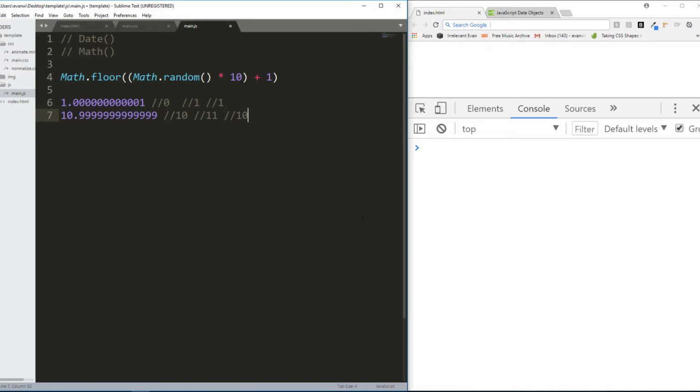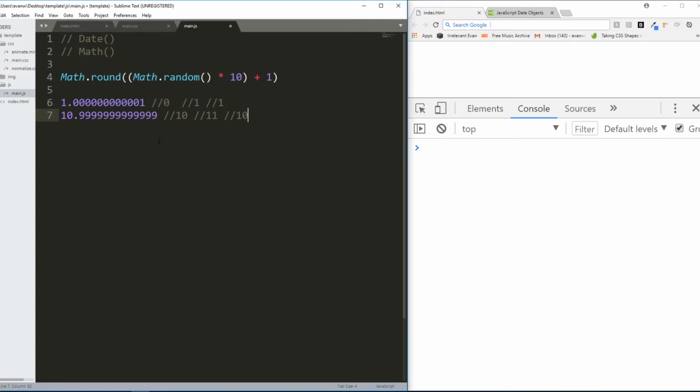And you've got to be careful, because in all those numbers that I generated in my console, I never actually got 11. So it would be easy to fool myself into thinking that with this plus 1 and with Math.round, all is well and we're okay. But that's not true. There's still the possibility of getting that 11.